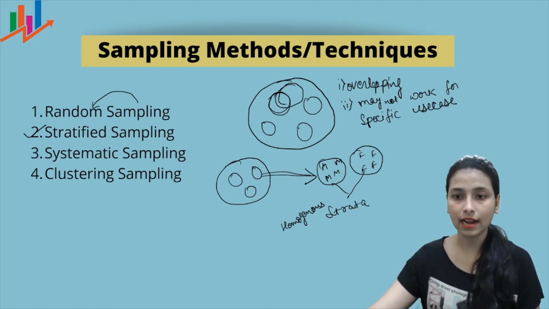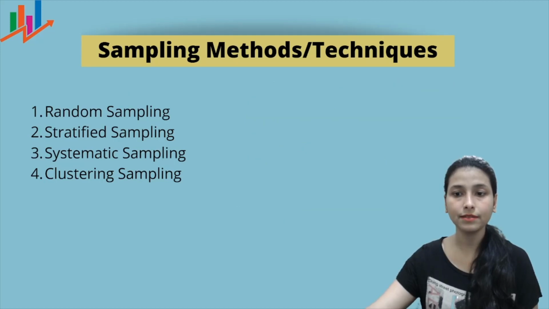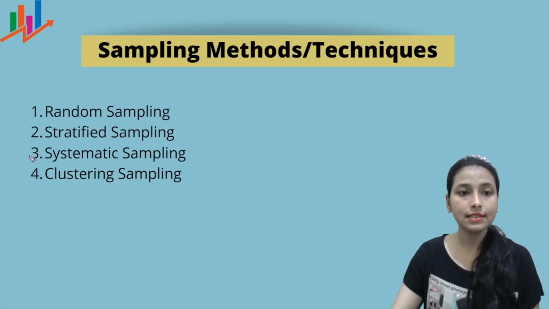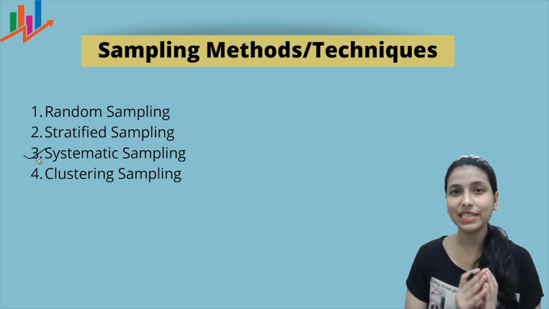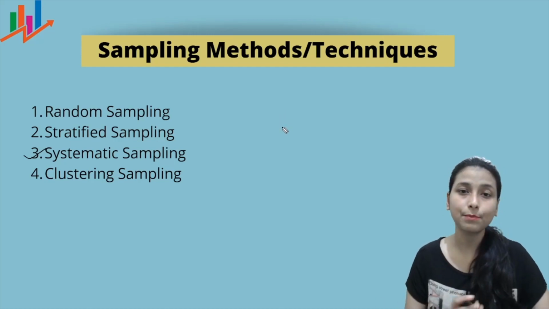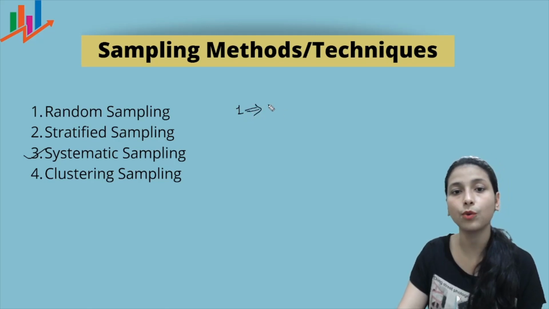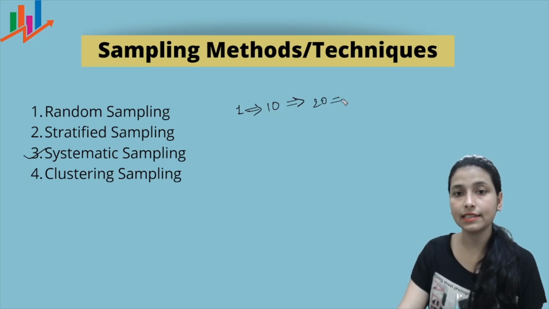Now let's understand the third type of sampling, that is systematic sampling. By the name itself, it seems like it will be done in a systematic manner. Systematic manner in the sense, suppose I have taken the first sample, then after this I'll go for the 10th sample, and after this the 20th sample, similarly 30 and 40.